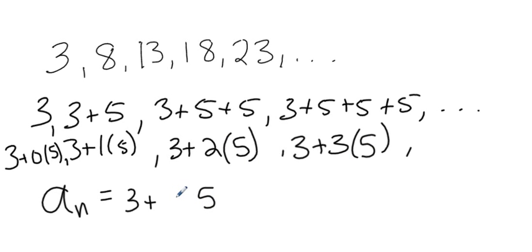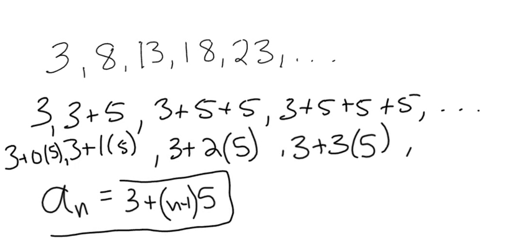Now, how many factors of 5 do we have? Well, we have 0 here, which is term 1. We have 1 here, which is term 2. We have 2 here, which is term 3. So it looks like we have n minus 1 factors of 5 that we're going to add to 3. This will be my explicit equation, explicit function that describes the sequence.